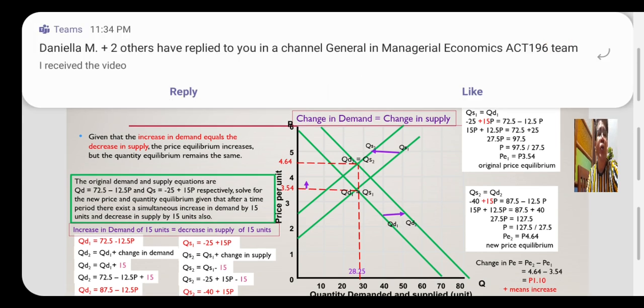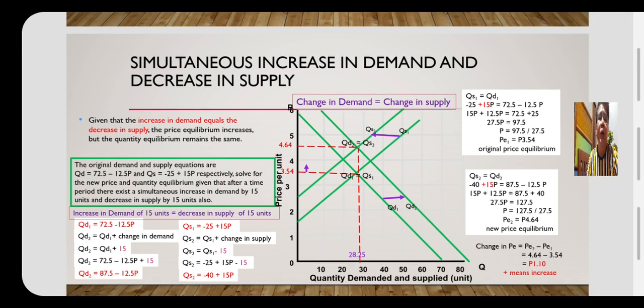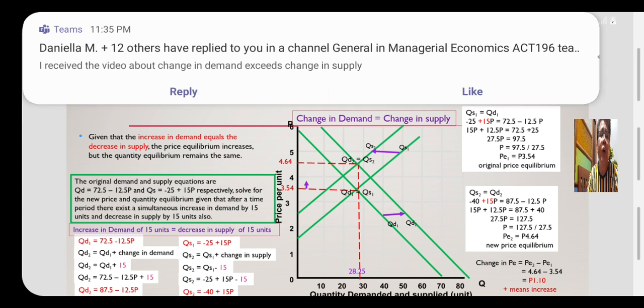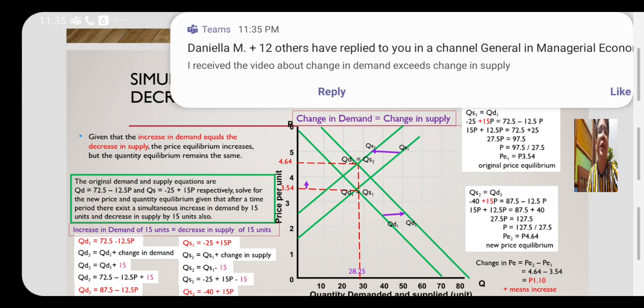So that the new demand equation now, if we simplify, will come out to be equal to 87.5 minus 12.5P.